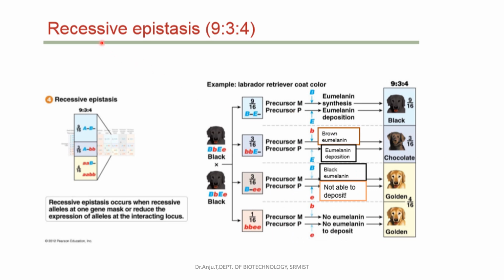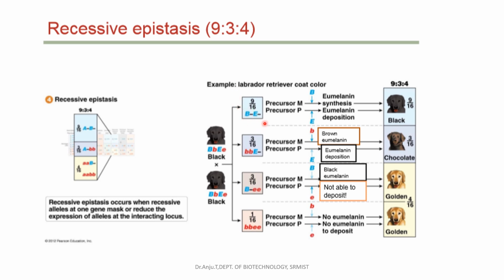The next one is recessive epistasis. So here, in epistasis, one gene is going to mask the effect of the other gene. Let us take here B and E. Here, the recessive allele of one gene is going to mask the effect of the other gene.